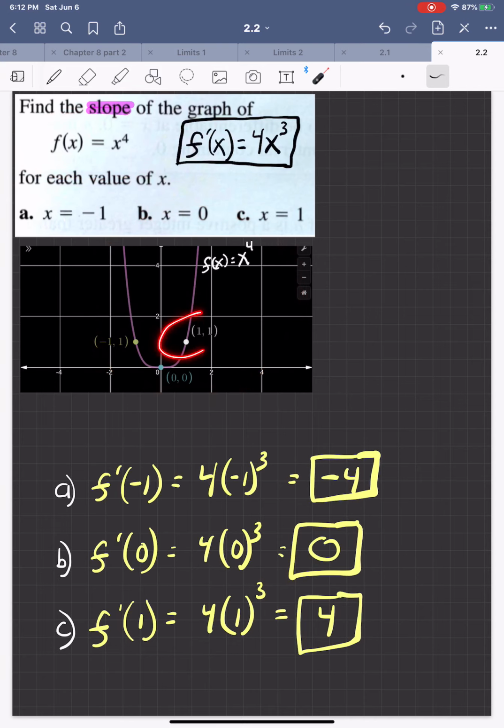And I have the 3 points that we are interested in: (-1, 1), (1, 1), and (0, 0). So for example, let's start with -1. Now, I won't do this for each one, but I'll do this for -1. So we have x is equal to -1 here, okay?